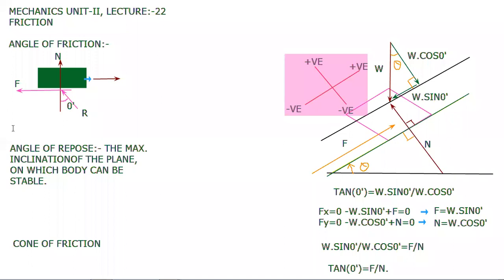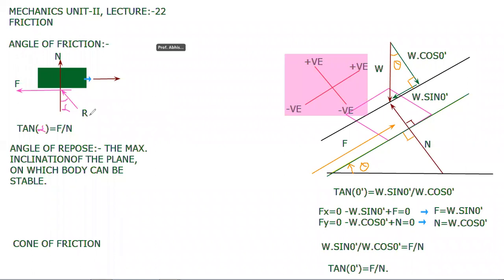The expression for that angle is tan alpha equal to F divided by N. So this angle is your alpha, not theta, and tan alpha is equal to F divided by N.